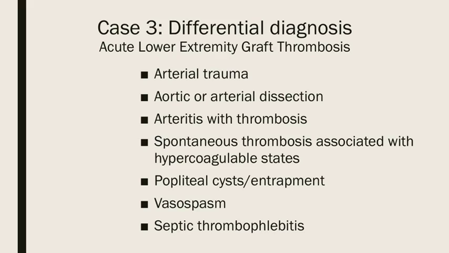Spontaneous thrombosis associated with hypercoagulable states. This patient's INR was a little elevated, in fact, however. How about some local compressive physiology like popliteal cysts or entrapment, vasospasm. But you also have to think about a septic thrombophlebitis, particularly in a patient who presents with fever, right? So, any thoughts?